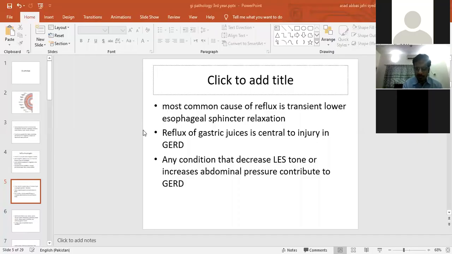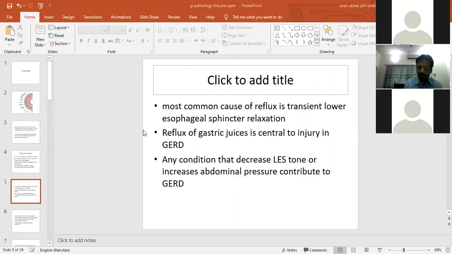Reflux of gastric juices is central to the injury of gastroesophageal reflux disease. As I told you, the epithelium of the esophagus is not optimized, because it's stratified squamous epithelium, and the most optimum epithelium for managing the low pH or the strong acid environment of the stomach is columnar epithelium.